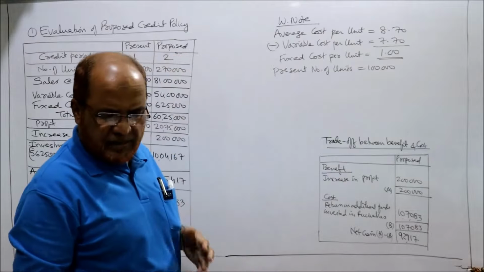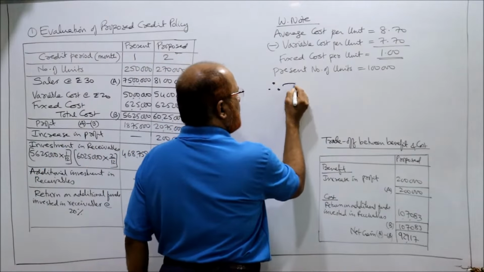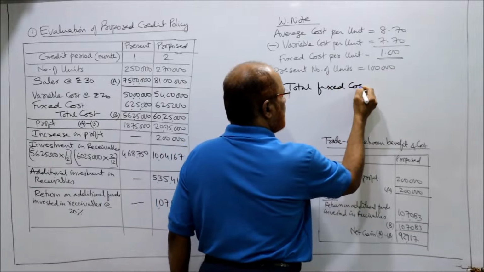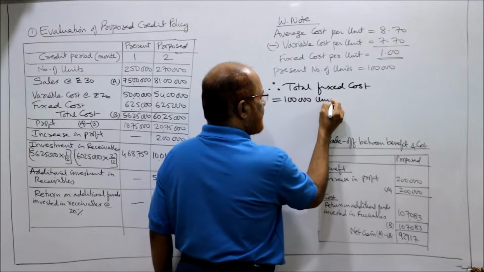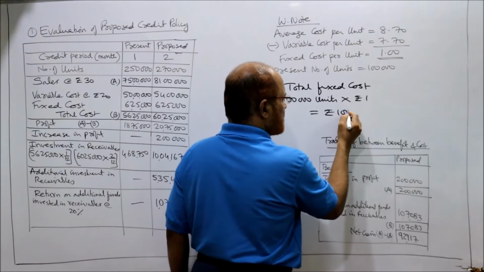Present number of units are 1 lakh. So therefore total fixed cost is equal to 1 lakh units into rupee 1 is equal to rupees 1 lakh.